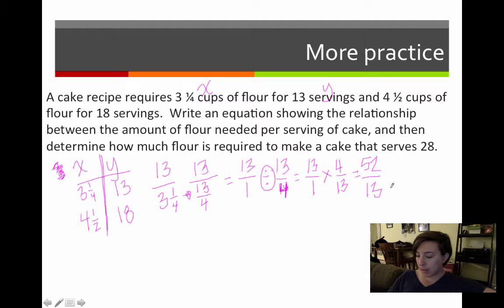So now we just divide 52 divided by 13 to get our constant of proportionality, or our unit rate. That comes out to an even 4. So our unit rate here is 4.